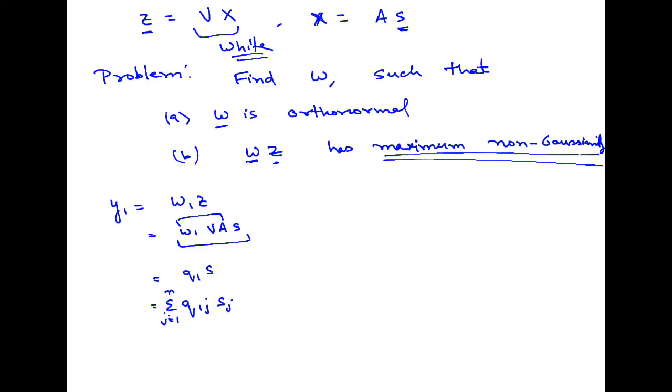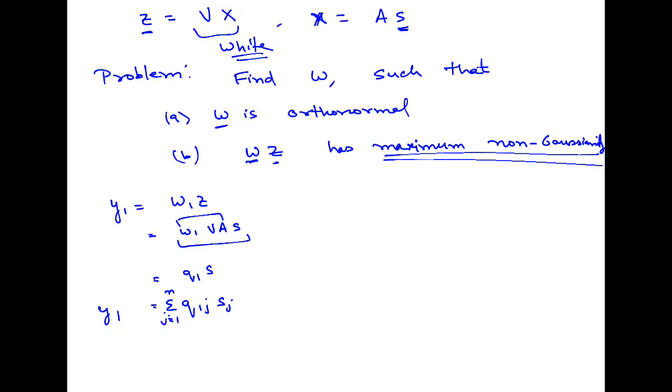I am explicitly choosing a W, but it is leading me to some Q's. I know what V is, but I don't know what A is, so I don't know what Q's are. But no matter what W I choose, it's going to give me a Q. In other words, whatever Y1 I get will be a linear combination of S1 till Sn, all those independent signals.